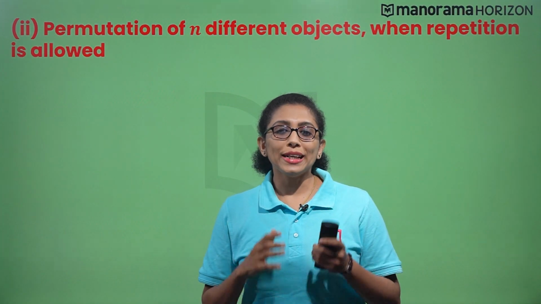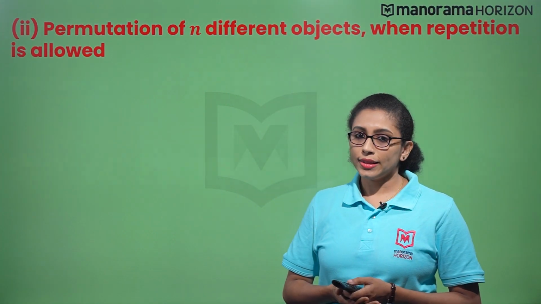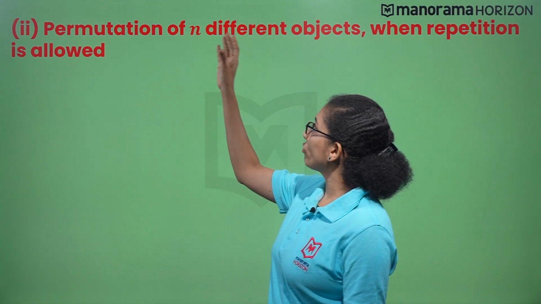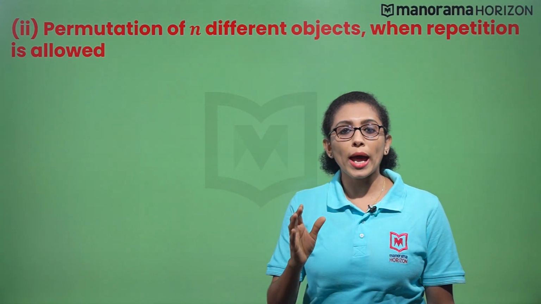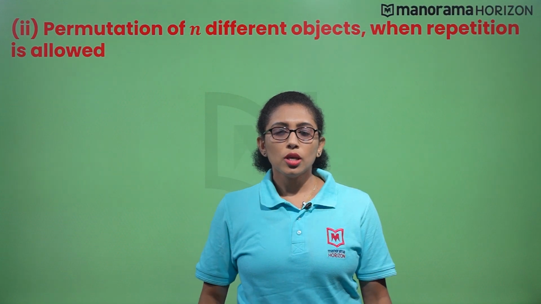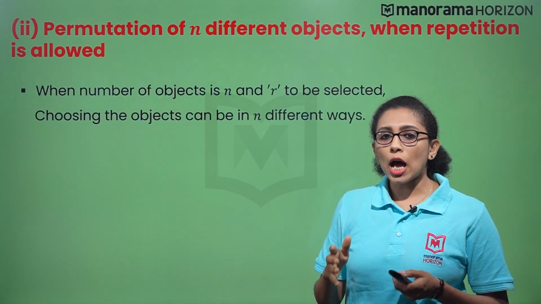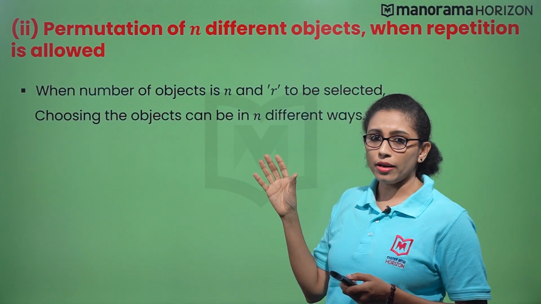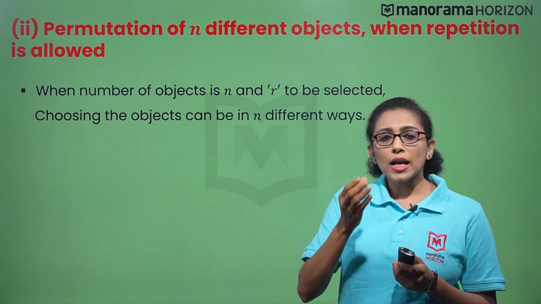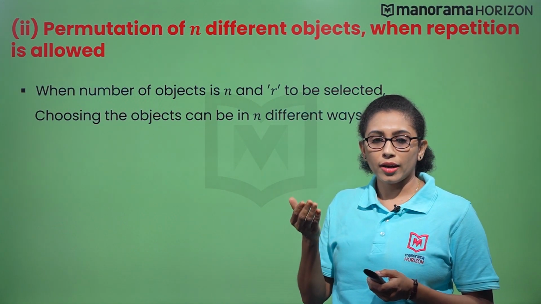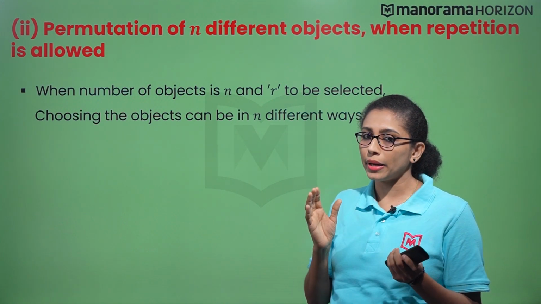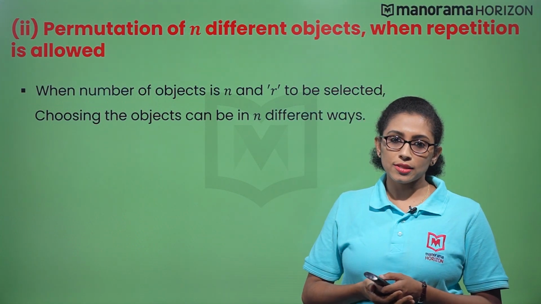Now we will look in detail at the second category, that is permutations of n different objects where repetition is allowed. So here, when the number of objects is n and we have to take r objects from these n, then choosing each object can be done in n different ways.